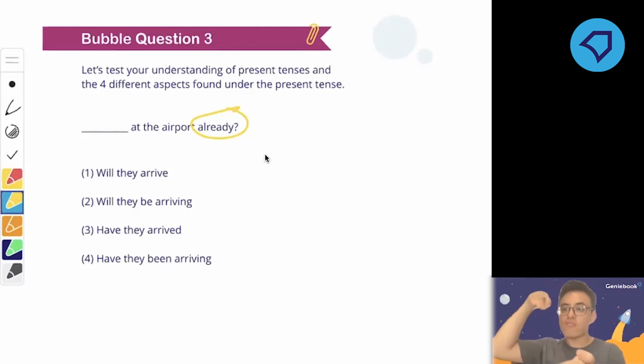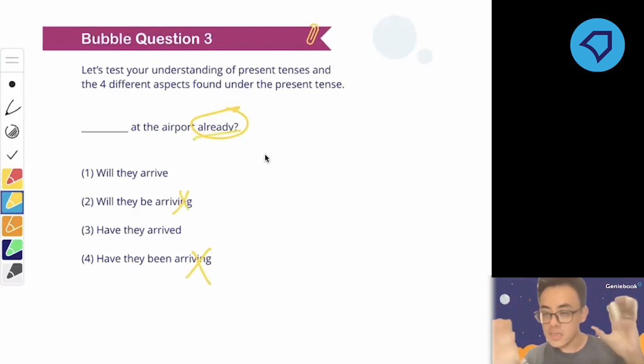So to arrive at a place, it should be very fast, right? When you arrive, you arrive. It's only a very short duration, right? It's not going to be something that you will drag out for very long.